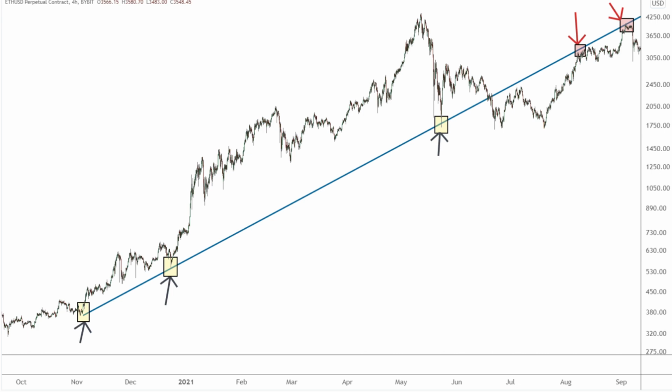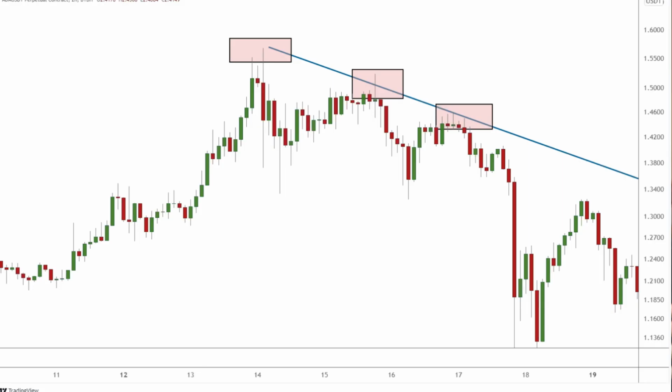This indicates that prices are generally rising, and traders might consider buying the asset when prices approach the trend line. A downtrend line is drawn by connecting two or more consecutive highs with the line sloping downwards, and this indicates that prices are generally falling and traders might consider selling the asset when prices reach the trend line. Trend lines can also be used to identify potential support and resistance levels.